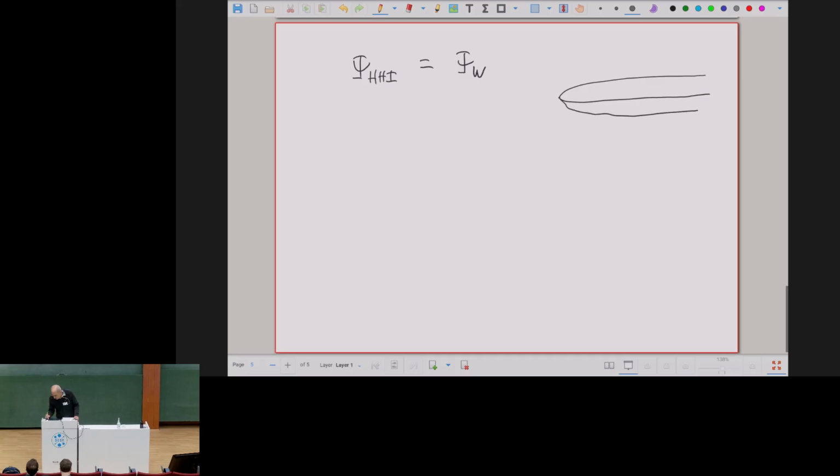W was this bottom half of the cigar. So W near r equals infinity was just R3 times an interval whose thickness was beta Hawking over 2, 4 pi GM, not 8 pi GM. So psi W near infinity is a normalization factor times e to the minus 4 pi GM times the Hamiltonian, where H is the Minkowski space Hamiltonian.